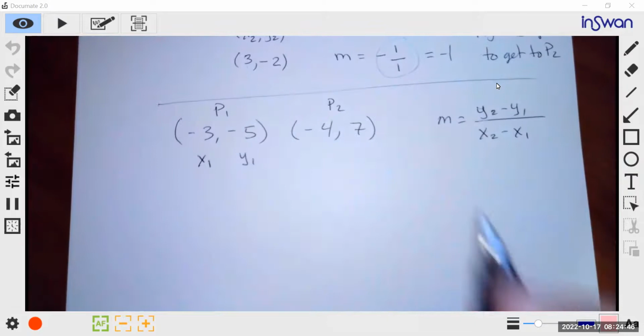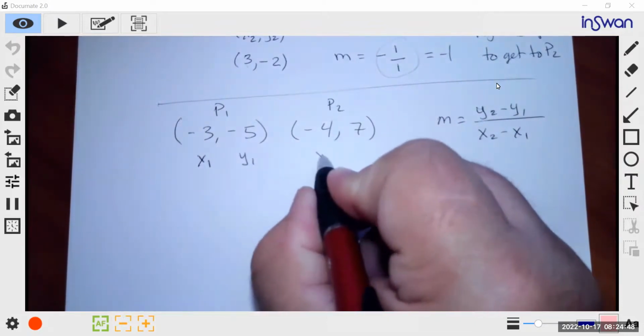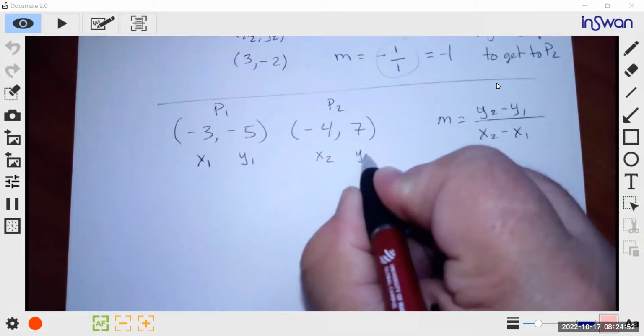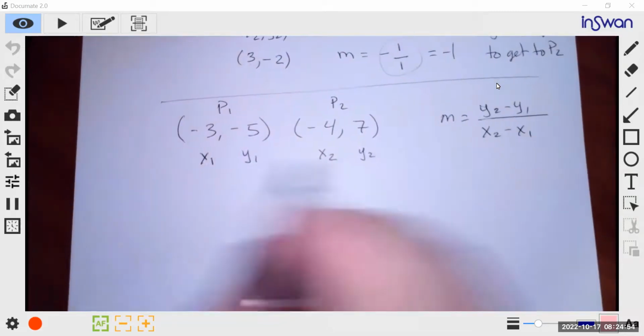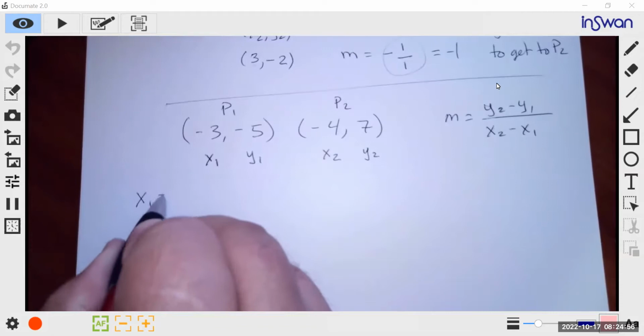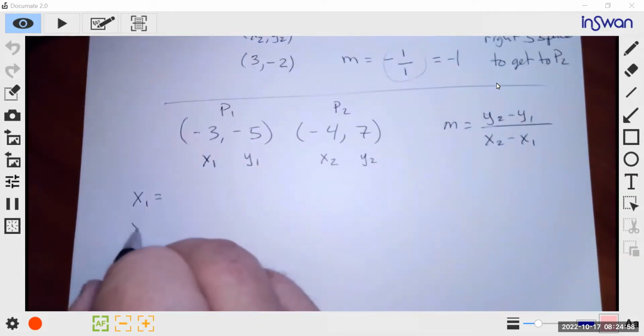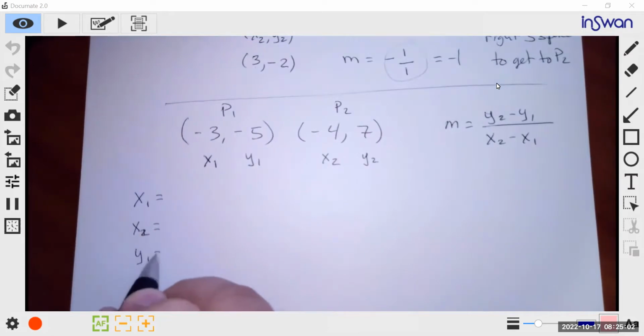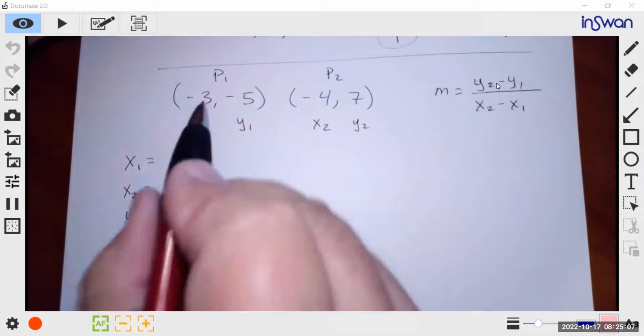This is the y value of point 1. The x value of point 2, the y value of point 2. And that's why it's always easier if you label them and write them down. Because once you have them labeled like this, then there's no messing up.